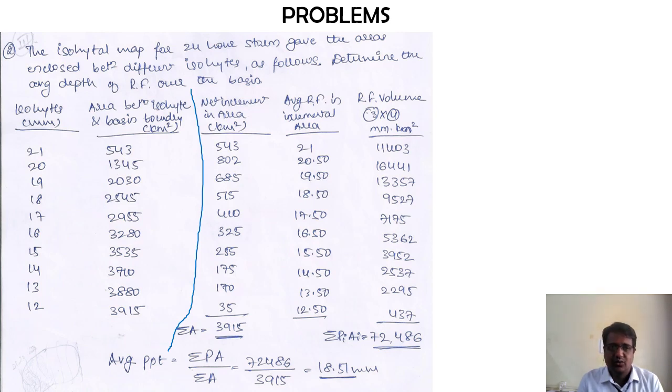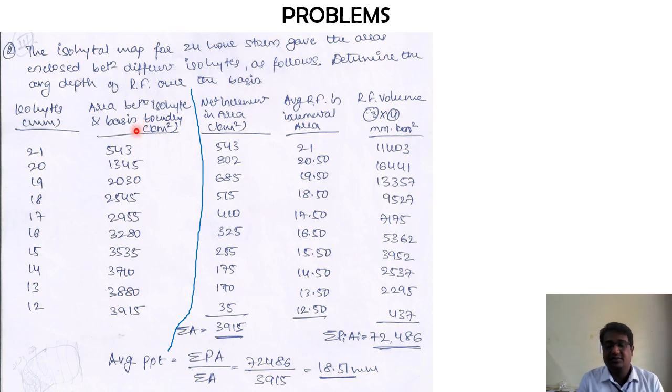They have given two columns: one is the isohyet in millimeters, and the second is the area between the isohyet and the basin boundary in kilometer squared. This term is very important.